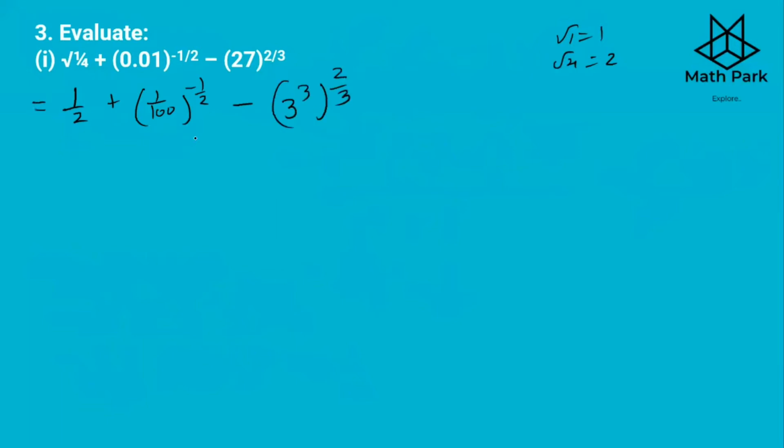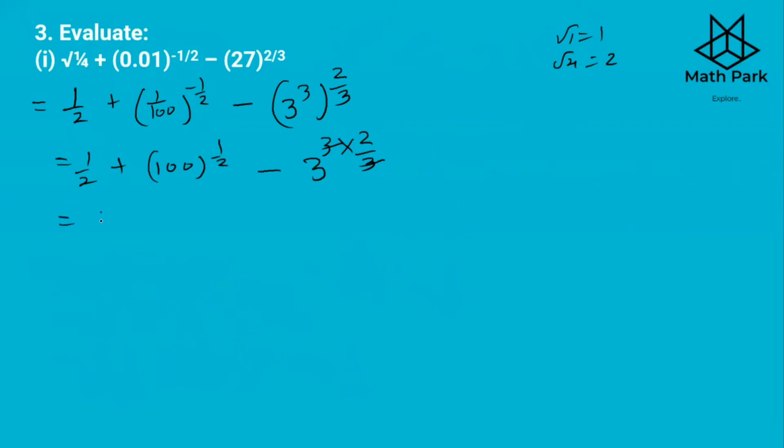Okay. Now, let us simplify this 1 upon 100 raised to minus 1 by 2. If I have to make the power positive, I'll take the reciprocal of this. So this becomes half, let it be as it is, and this becomes 100 raised to 1 by 2. Minus 3 raised to 3 into 2 by 3. So this 3 and 3 got cancelled. Now 100 raised to 1 by 2 means it is the square root of 100, which is 10.